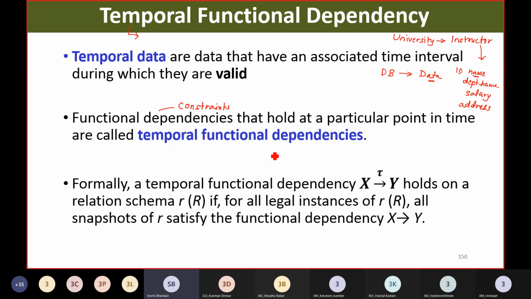Normally, a temporal functional dependency is denoted as X determining Y with a special notation for denoting that this is a temporal dependency.